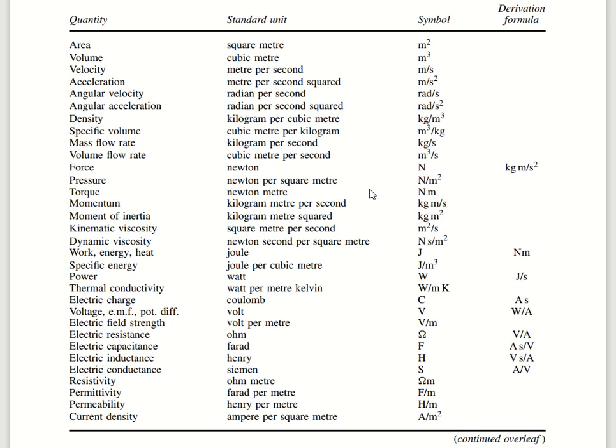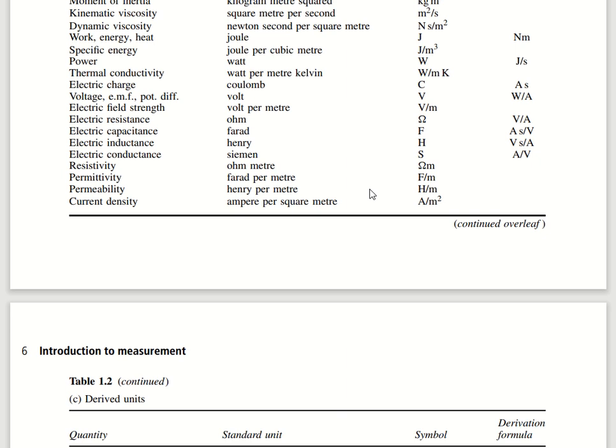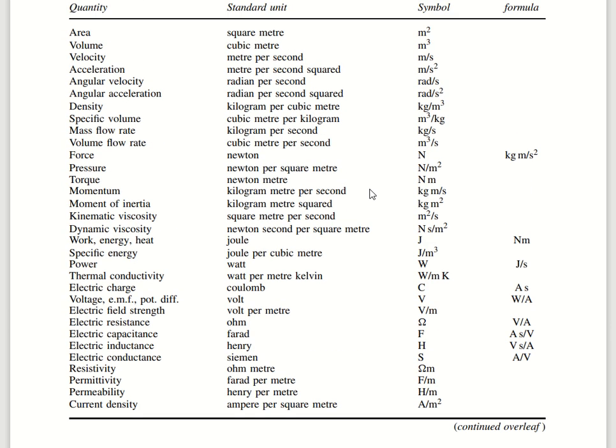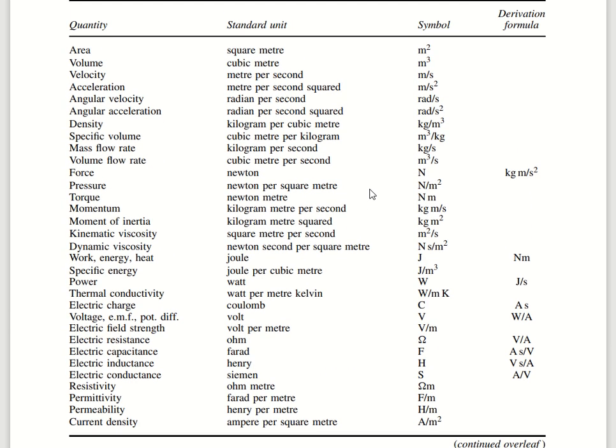You have area, volume, velocity, acceleration, angular velocity, density, kinematic viscosity, electric capacitance, electric induction, resistivity, permeability, current density, everything. I'm not going to discuss them in detail, but just so that you know, I'm going to show you over here.